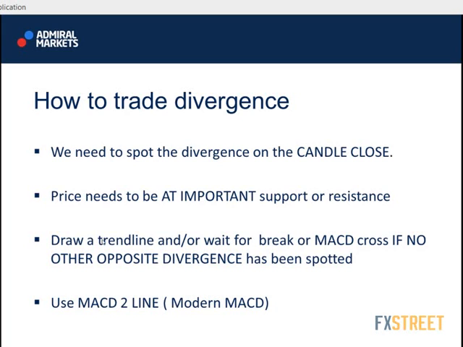Price then needs to be at important support or resistance. So if you want to take regular bullish divergence, obviously the price needs to be close to the bottom because you're going to the upside. Regular bearish divergence, price needs to be at the top. You want to short it. How I do it?